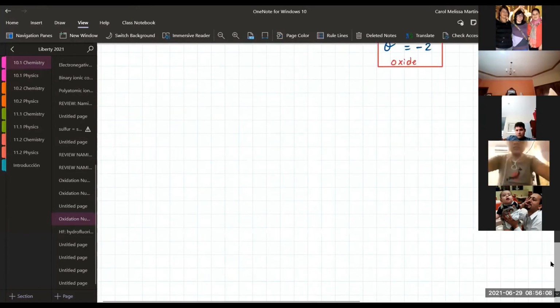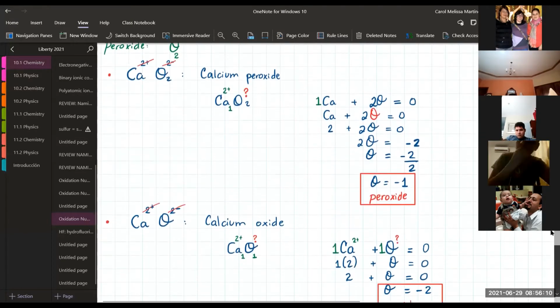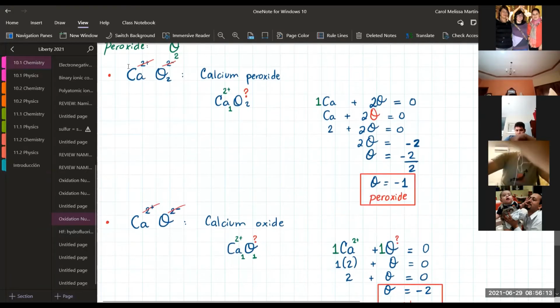How do you know if you have a peroxide? Take a look right here. I have two compounds, very similar, but in the end, they are different. How do I know if I have a peroxide or an oxide? The peroxide ion is written as O2 and it has a charge of -2.